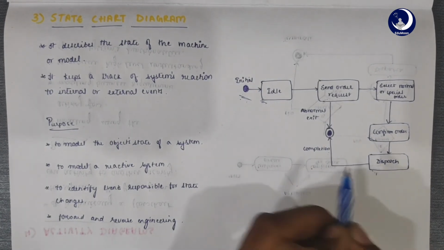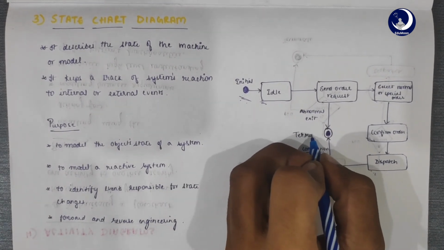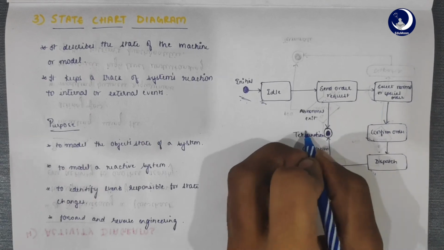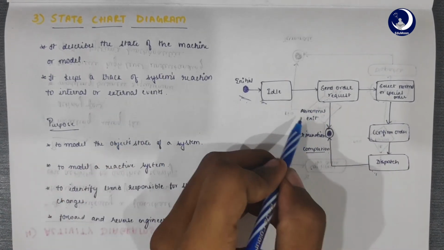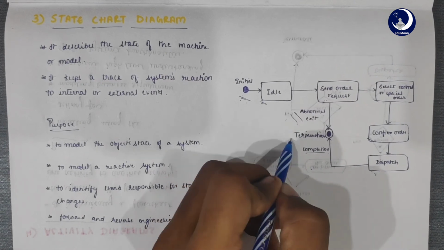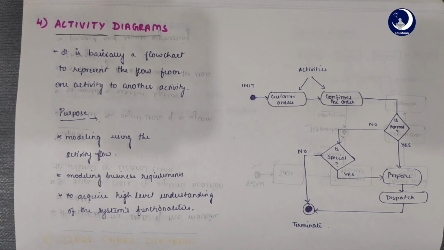On dispatch state, it will indicate the completion of the process and will go into a termination state. Similarly, when the order request gets cancelled for some reason, it will go into an abnormal exit and then goes into the termination state.